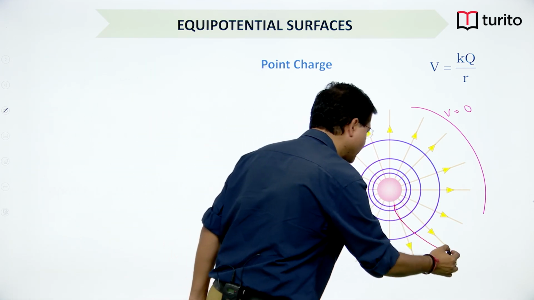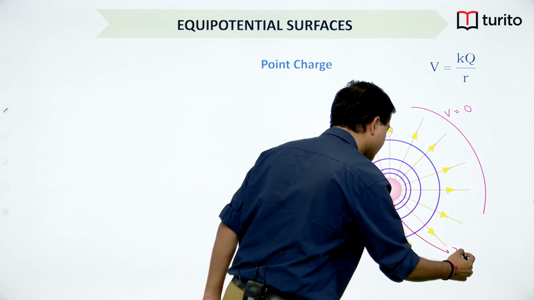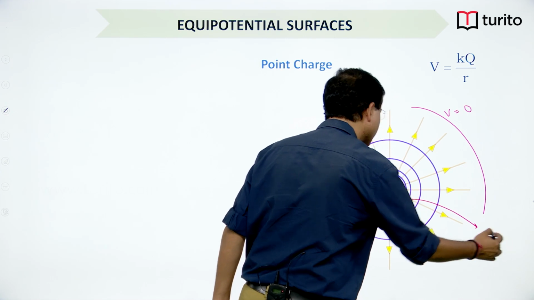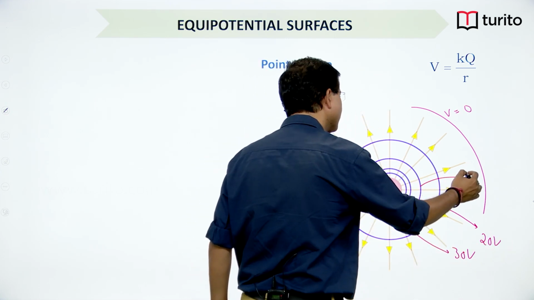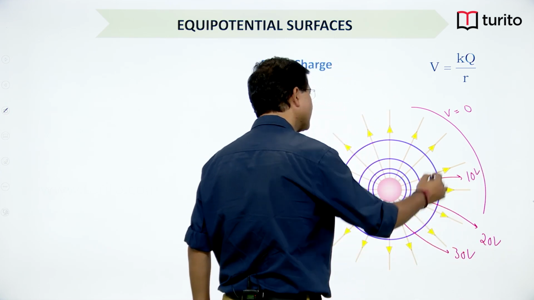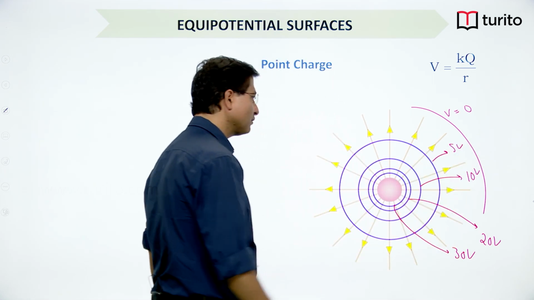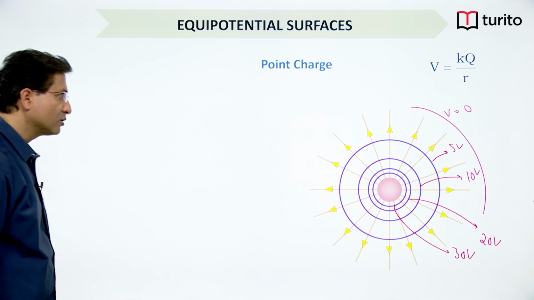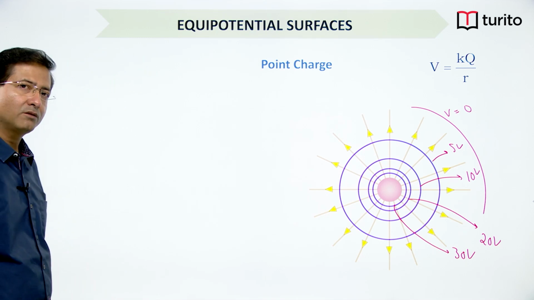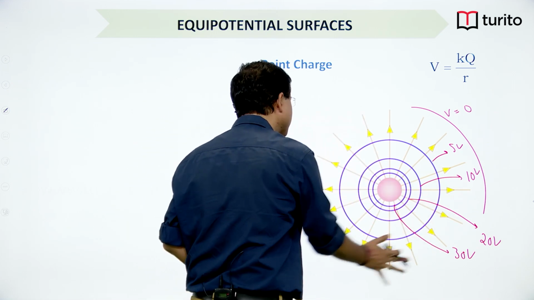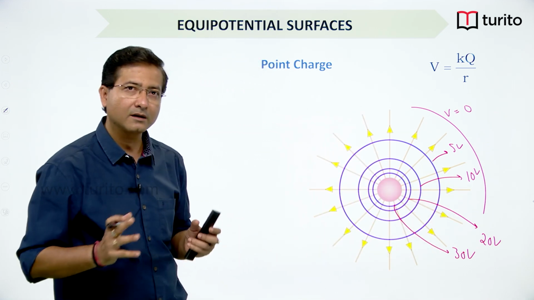This inner one, if I assume this to be 30, then this will be 20, this one will be 10, similarly this will be 5 volt, and this way potential will be distributed in space. So, all equipotential surfaces will be spherical, and in 2 dimensions they will be concentric circles.